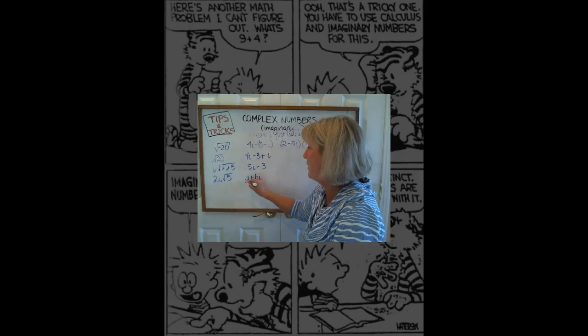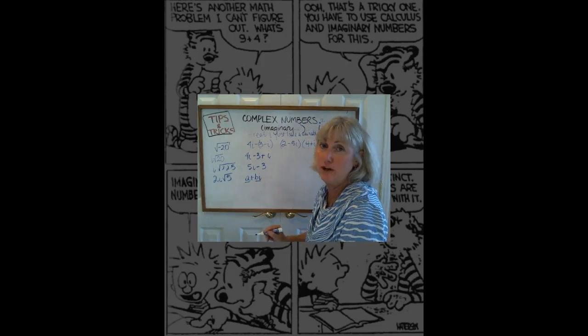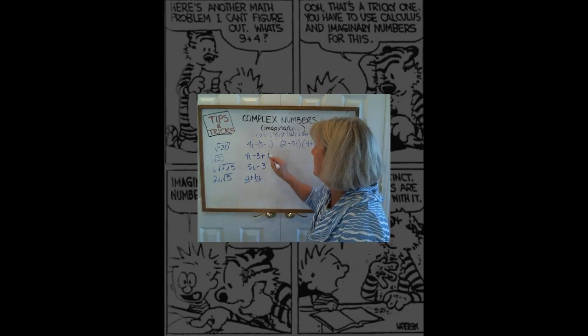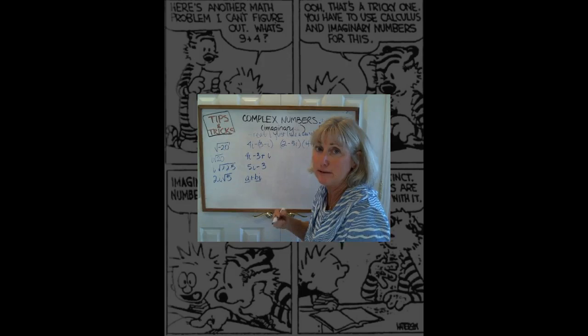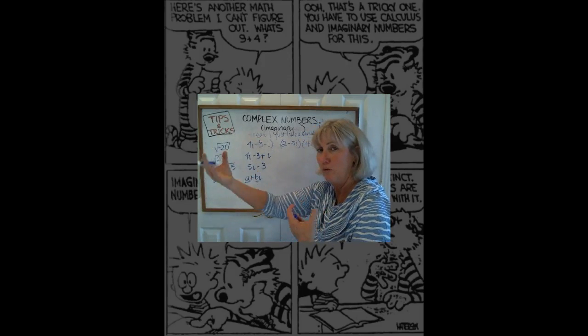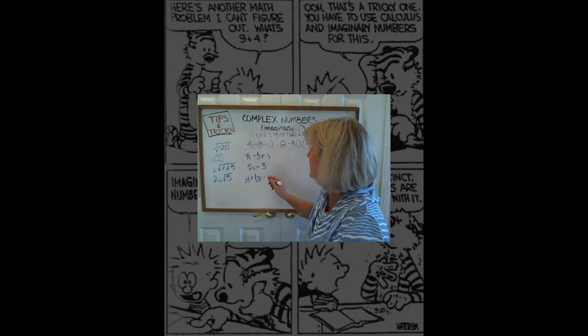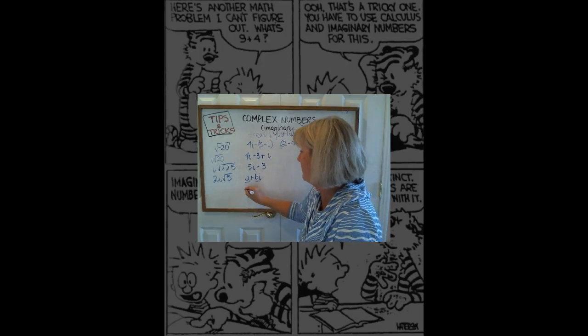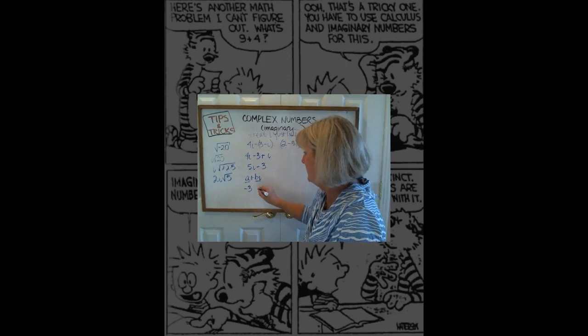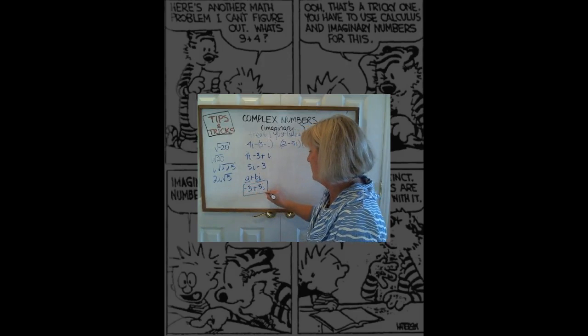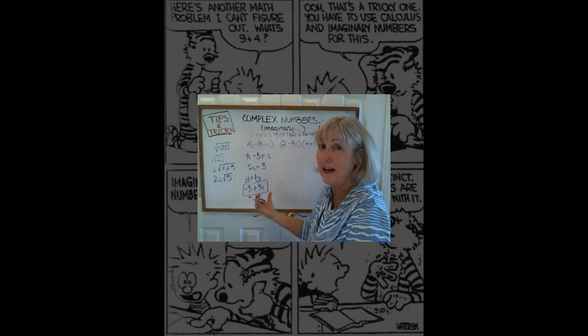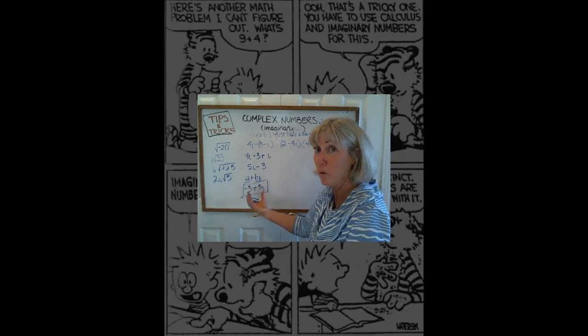This is the real part of the number, and this is the imaginary part of the number. Together they make up complex numbers, because complex is real and imaginary combined. So we need to put the -3 first, because that's the real part, and then plus 5I, and that would be the correct answer. So pay attention to that on the test. It needs to be in the right order.